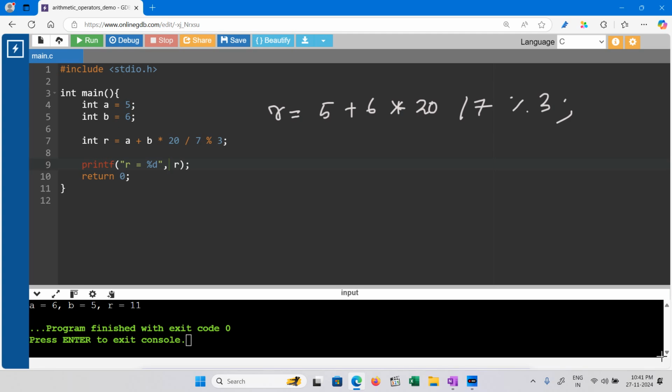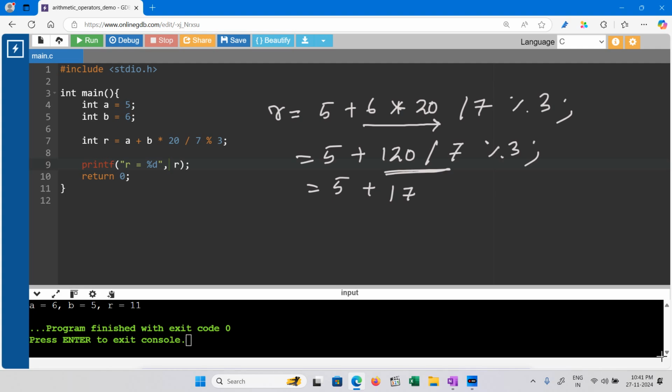So 6 multiplied by 20 will be 120, then divided by 7, modulus by 3, then we have 5 plus this one. 120 divided by 7, the result will be 17, and 1 will be the remainder.